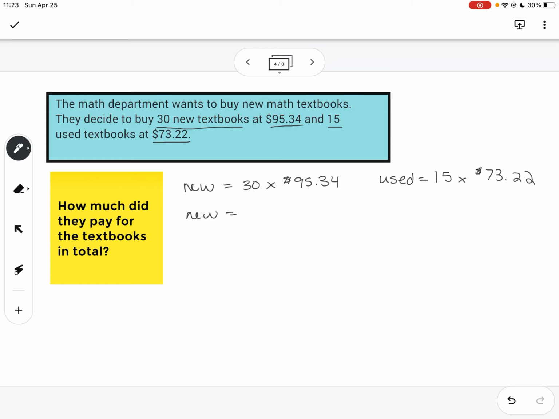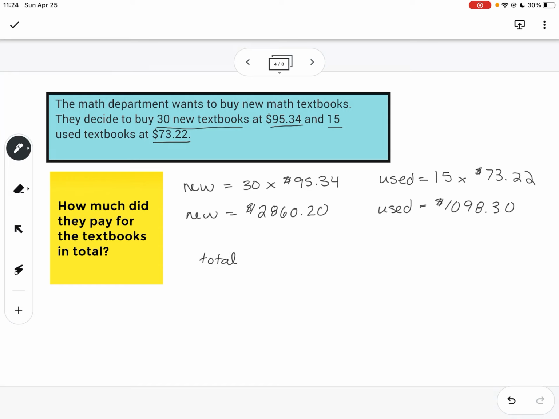So we've got 30 times $95.34, which means that they spent $2,860.20 on new textbooks. And then for used textbooks, 15 times $73.22. So $1,098.30.